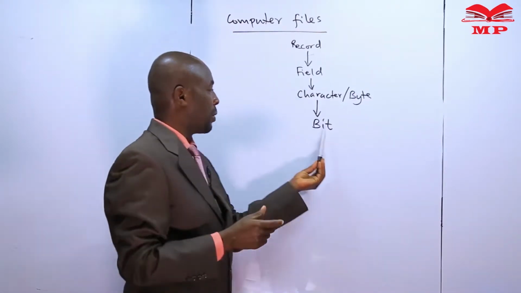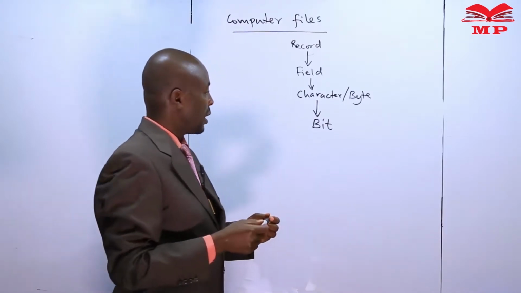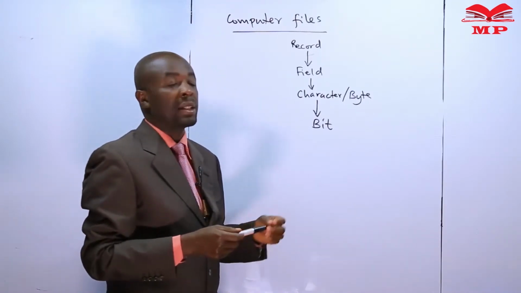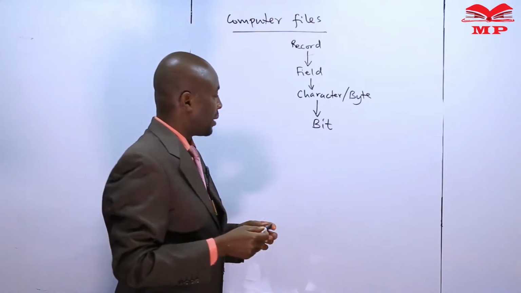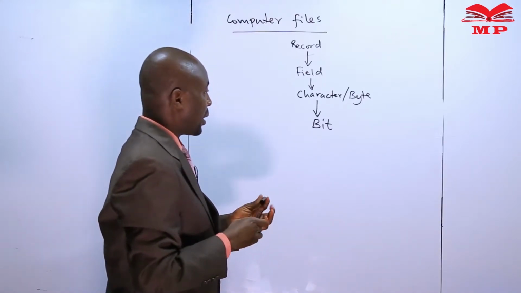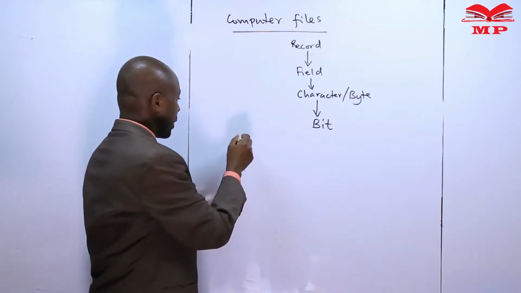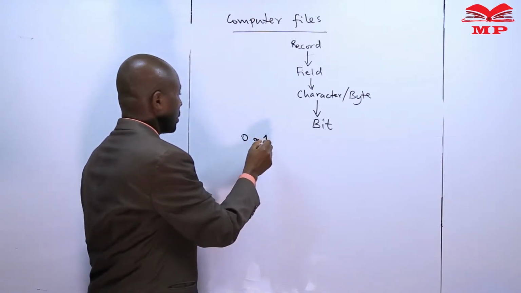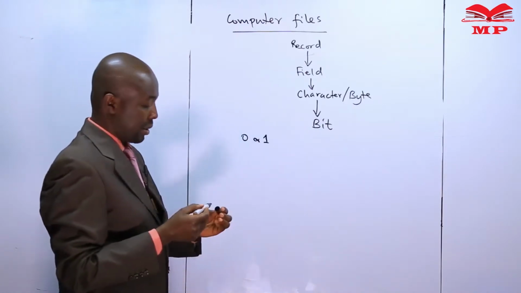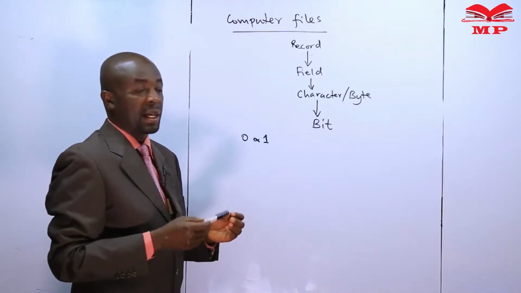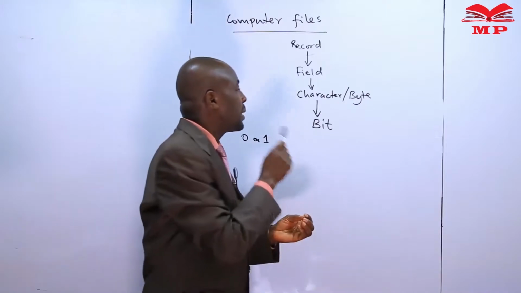Let's start by talking about what a bit is. The bit is the smallest storable element in a computer file. The bit is usually either a 0 or a 1. Then the byte, or the character: a character is a collection of bits.